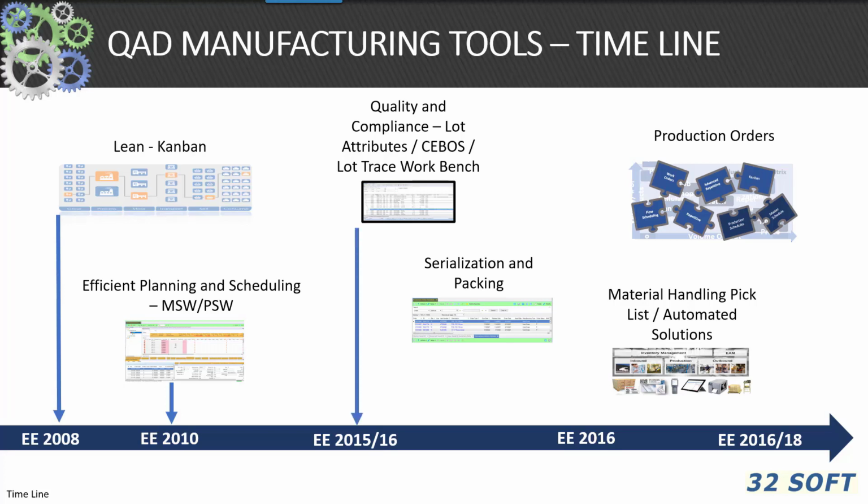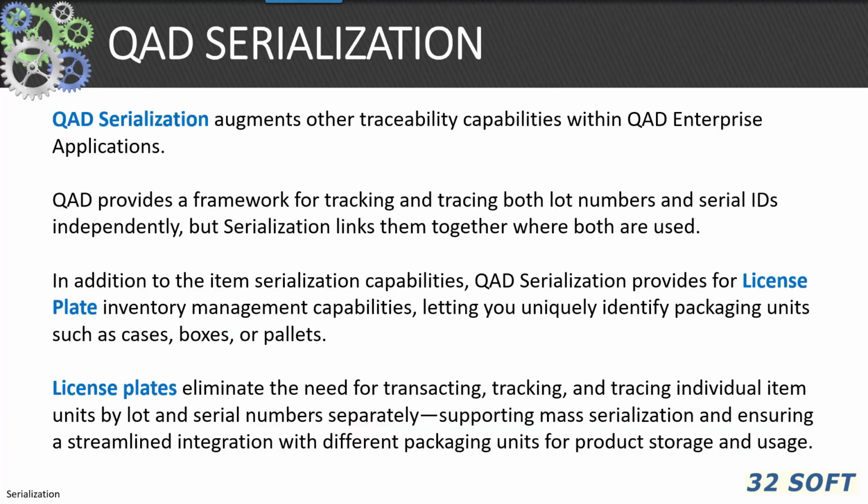In 2016, we saw quality compliance, lot attributes, etc. 2016, we got the serialization and packaging. Then in 2016, the new automated solutions came in with the packaging functionality. And then finally today, we'll talk about the new production orders.